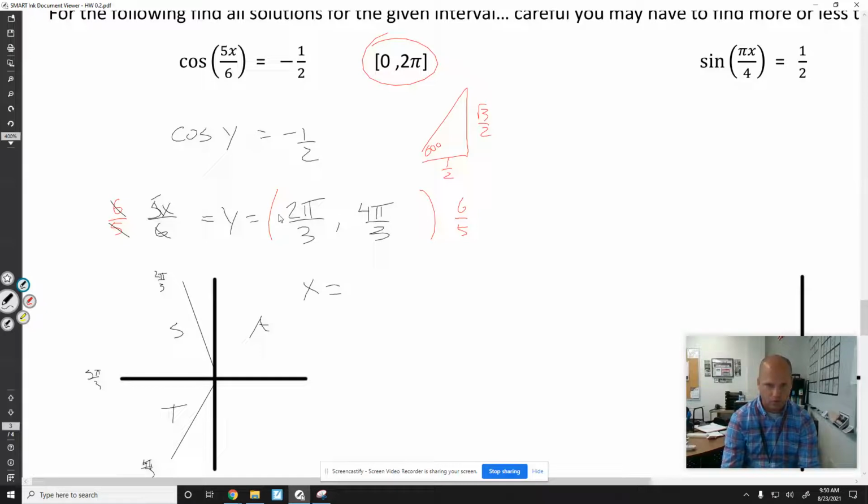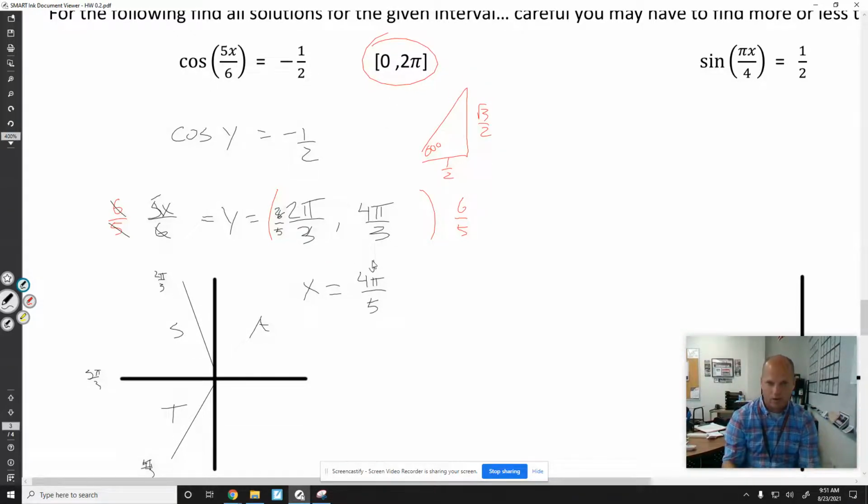Now, what do I do when I multiply like this by 6/5? Well, it's like 12/15, or the 6 and the 3 cancel to just be 2. So I get 4 pi over 5. 12/15 is like 4/5. 4 pi over 5. Now we look at this guy and we think, is this between 0 and 2 pi?